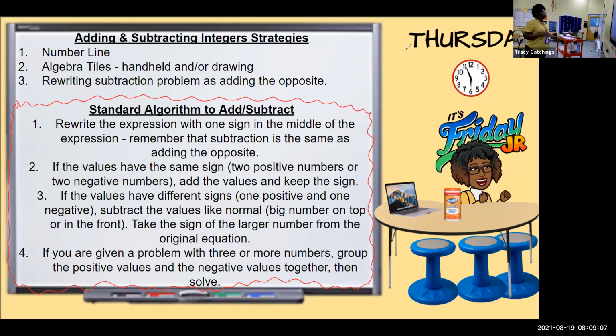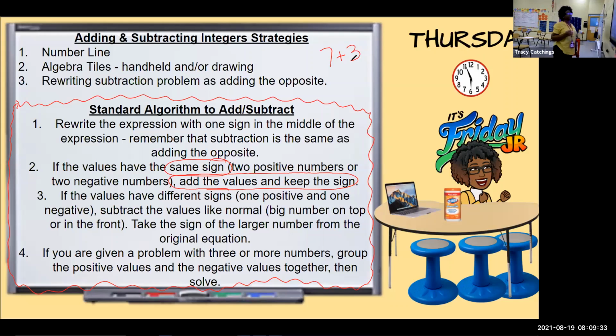The second thing we're going to look for, if the values have the same sign, as in if we get two positive numbers or two negative numbers, we're going to add the values and keep the sign. If we have the same sign, we're going to add the values and keep the sign. An example of that would be 7 plus 3. You all have been looking at numbers like that since maybe about kindergarten.